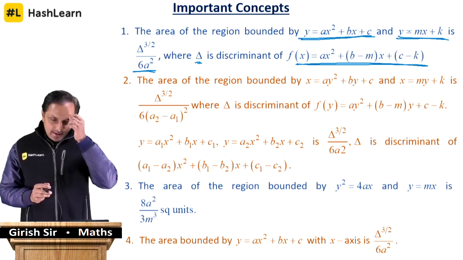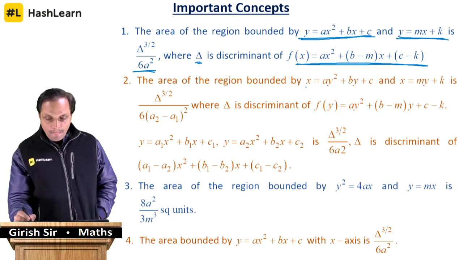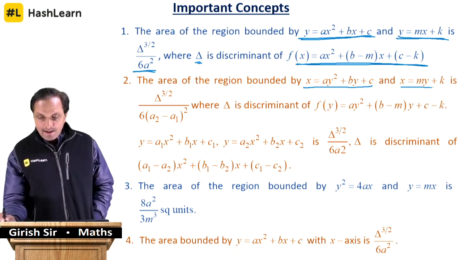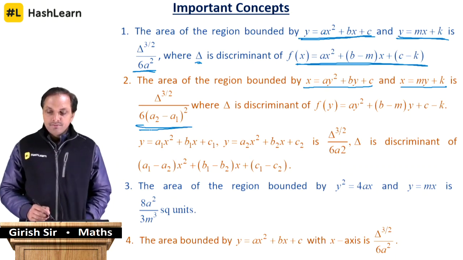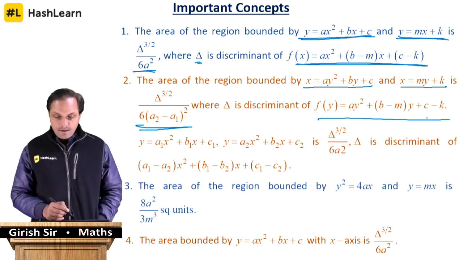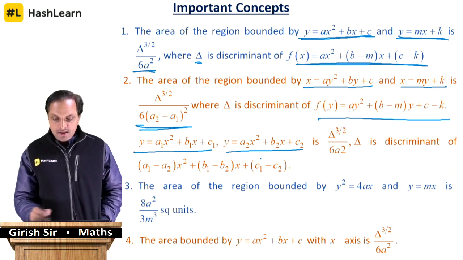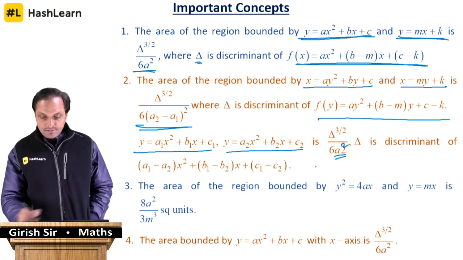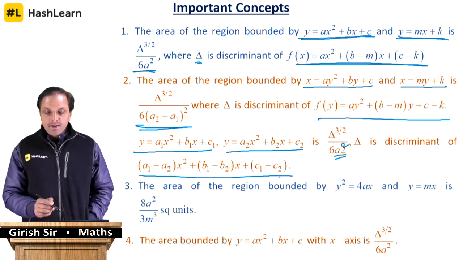Okay, so in the same way you have the second result. If you have a curve like this and you have a line like this, you can directly use this result where the discriminant is of this form. Similarly, when you have y is equal to a quadratic equation and another quadratic equation, this is power 2, and del is the discriminant of this.